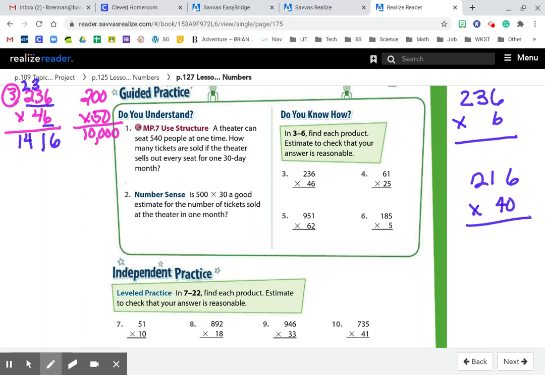So 40 times 6 is 240. So I'm going to leave the 40 here, carry the 200, carry the 2. 4 times 3 is 12, plus 2 is 14. Carry the 1. 4 times 2 is 8, plus 1 is 9. Add that together.